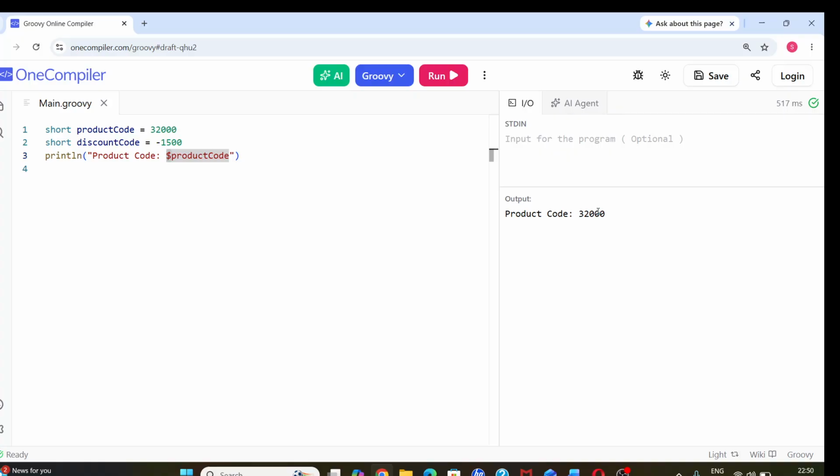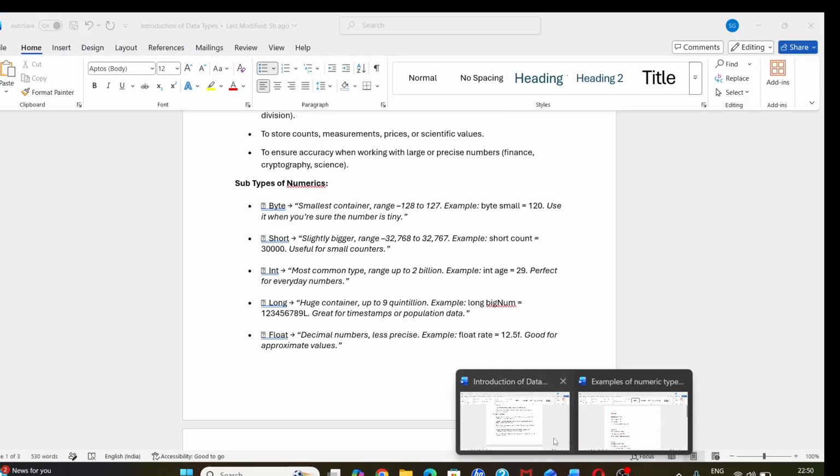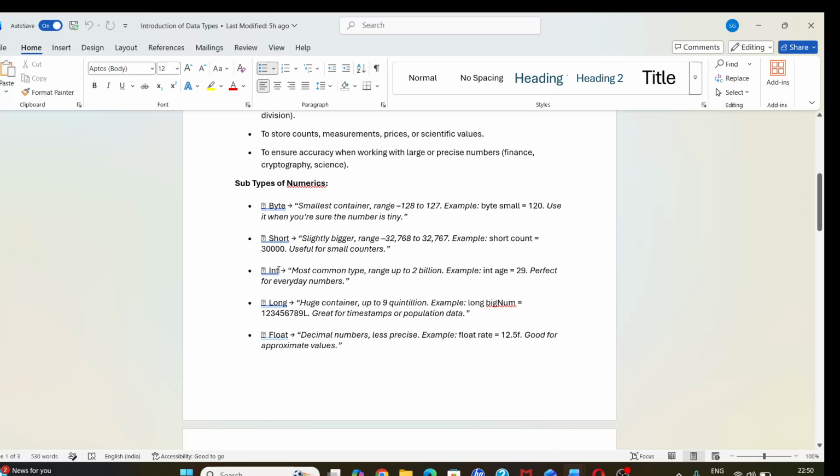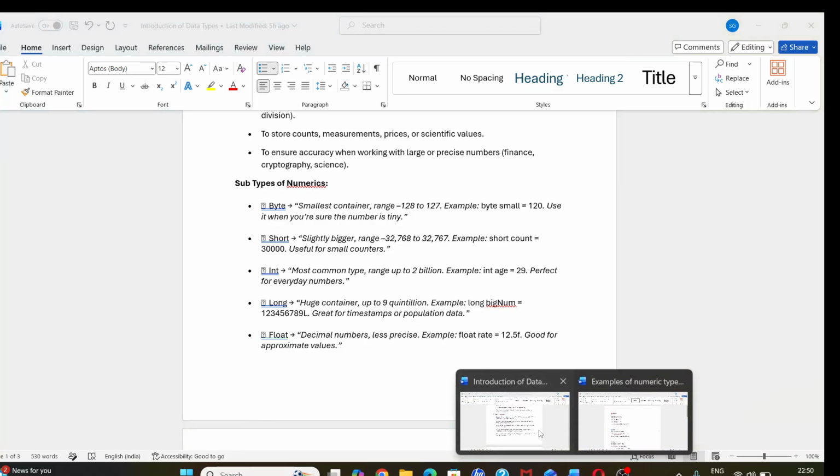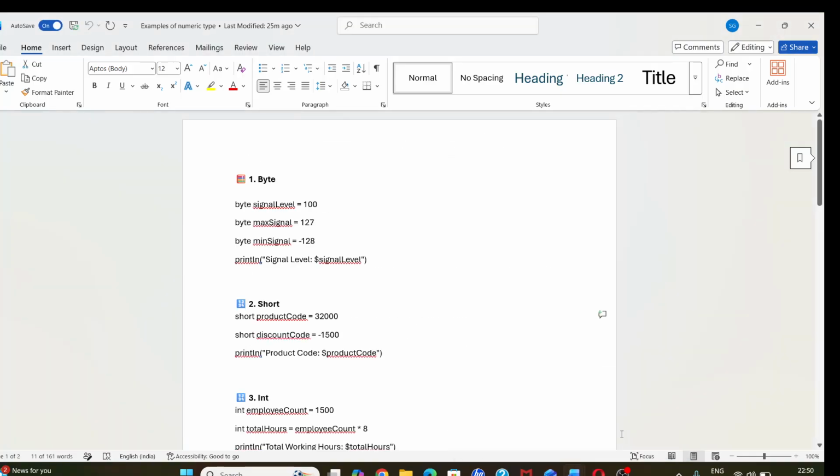Okay, in this way I have explained the example of the short. Then what is next? Next is int, which means integer. It is the most common type, range up to 2 billion, and perfect for everyday numbers. Here we have an example.